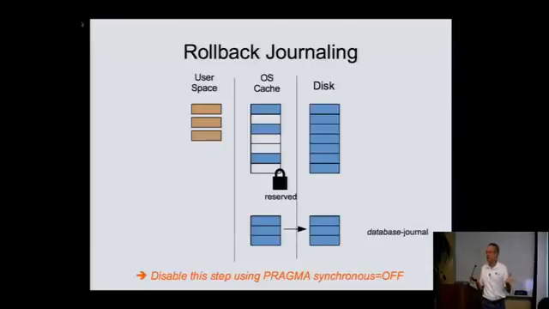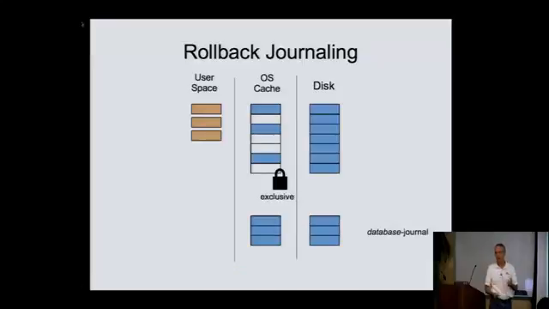To a first approximation, this step of forcing it out to disk is what takes all of the time. Everything else is free. This is what costs time. So you can turn that off and it'll make things run a whole lot faster, many times faster. But if you lose power and the writes to hardware occurred out of order, it could corrupt your database. So anyway, it flushes it out to memory.